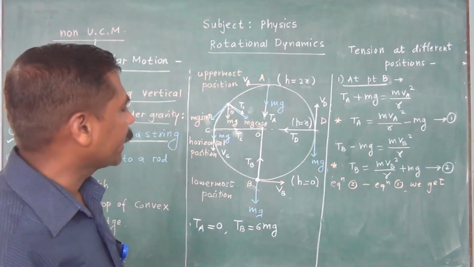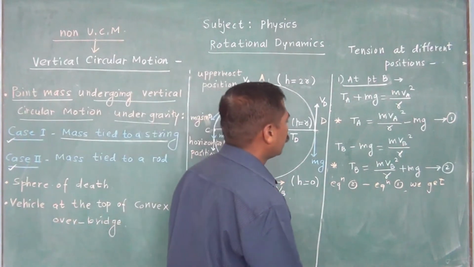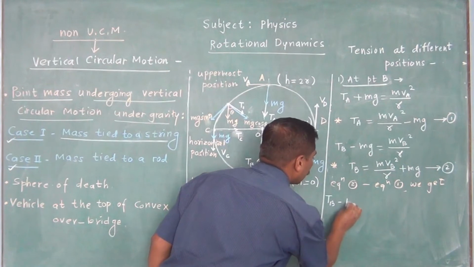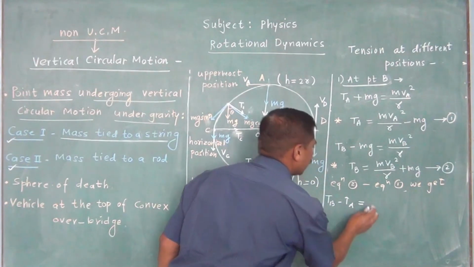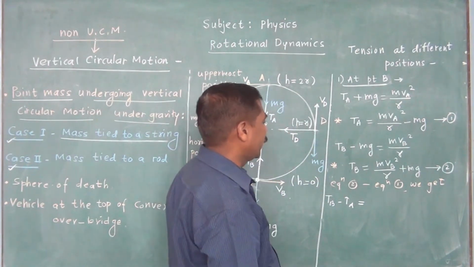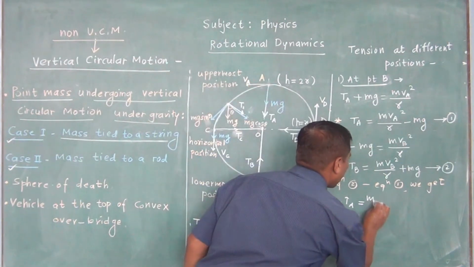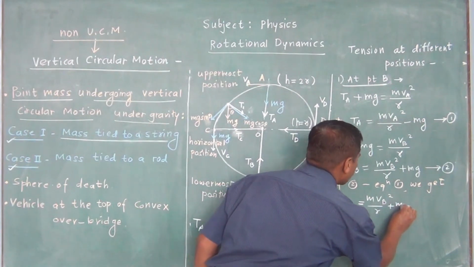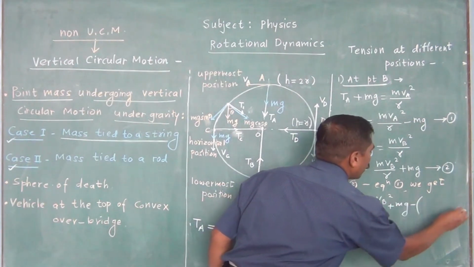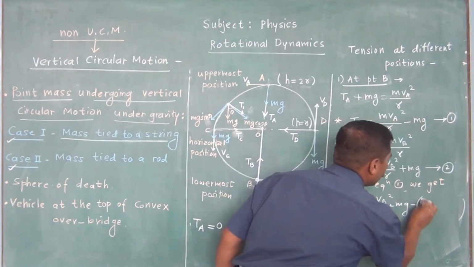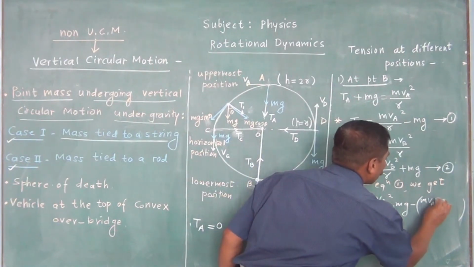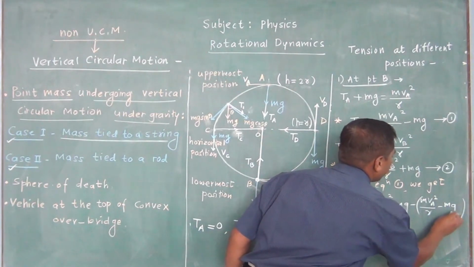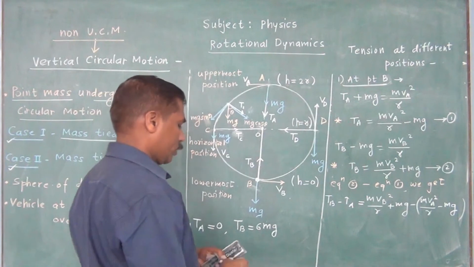If we take the difference here, then we can write TB minus TA is equal to, what will we get here? TB is nothing but mvb square upon r plus mg, minus, you have to write this term, mva square upon r minus mg.